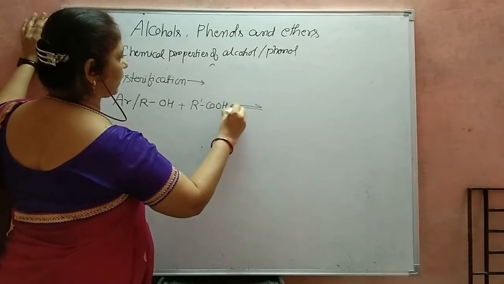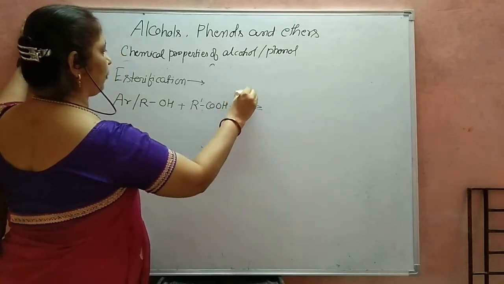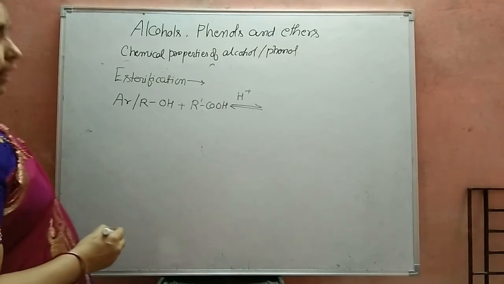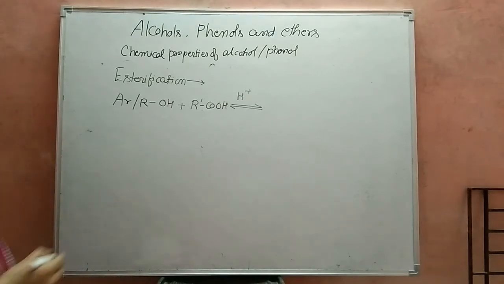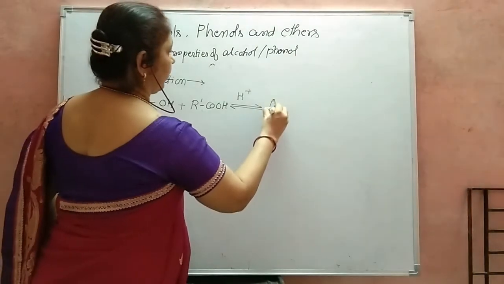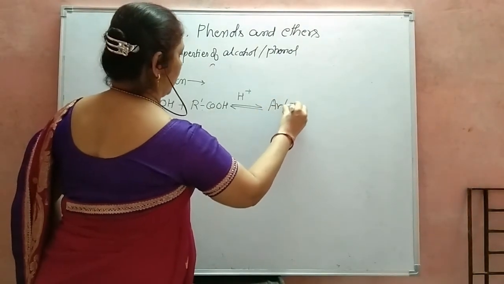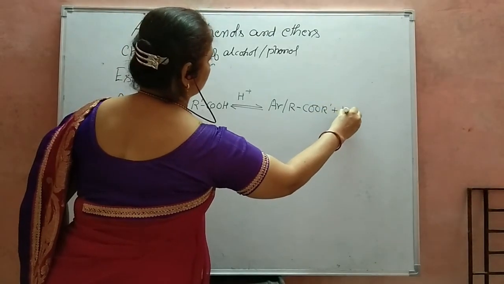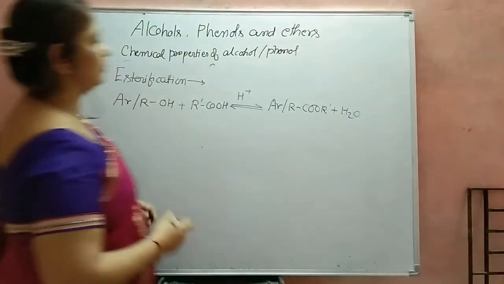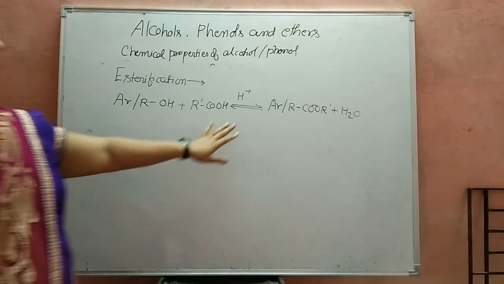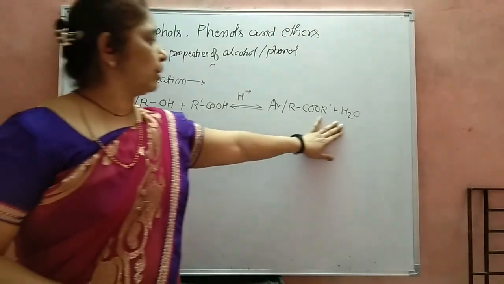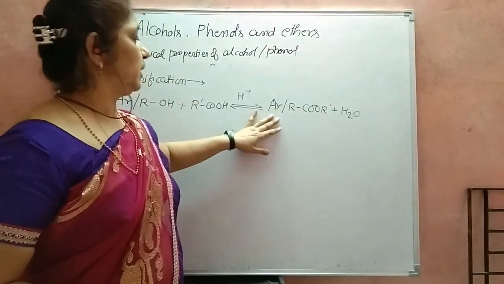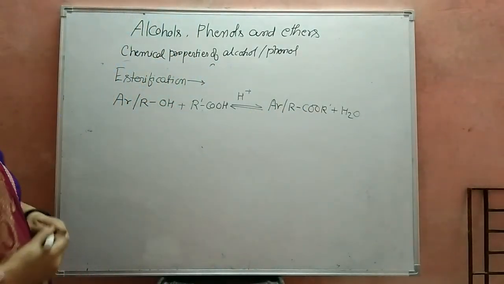This reaction is the reversible reaction in presence of H positive and heat or water bath. It forms the compound, aromatic ring हो तो aromatic ring, RCOOR plus water. ये reaction reversible है. If we remove the water molecule continuously from the product, so we can convert the reaction into the forward direction.